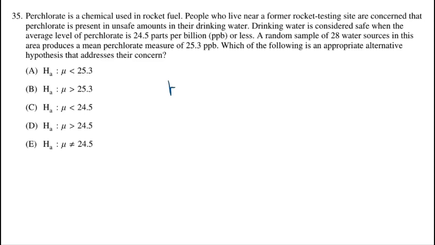Now, the null hypothesis would be, nope, everything is okay. My null hypothesis would be that the mean is equal to 24.5, again, or less, because remember, it says that the drinking water is safe if it has 24.5 or less. Now, the alternative would be that it's more than 24.5, because then that's what they would be concerned about, that the water is unsafe.